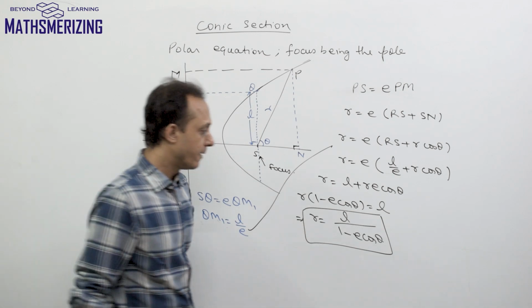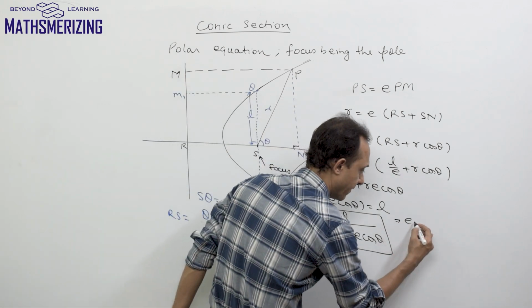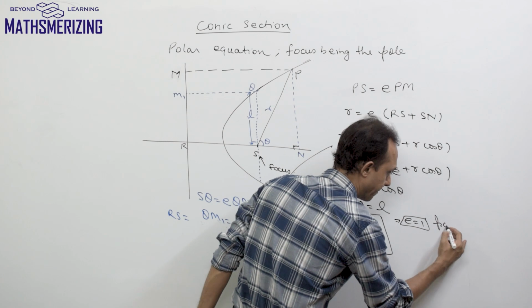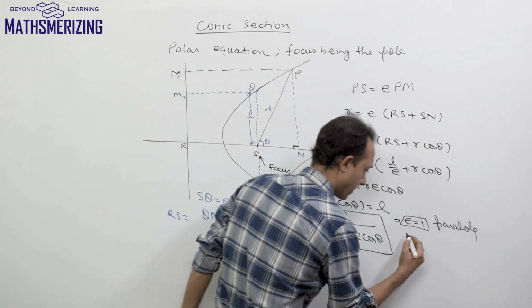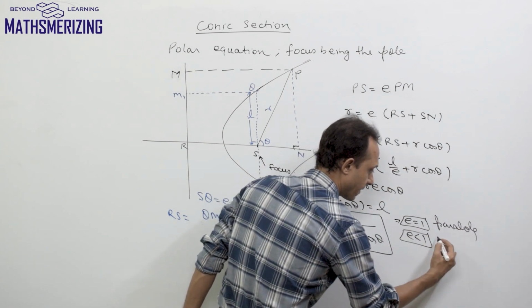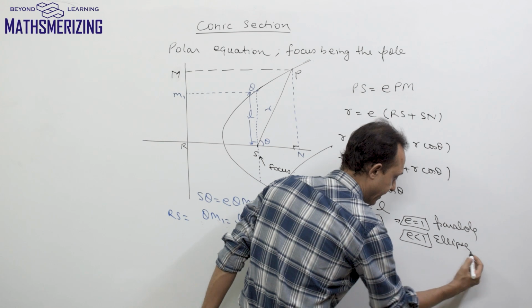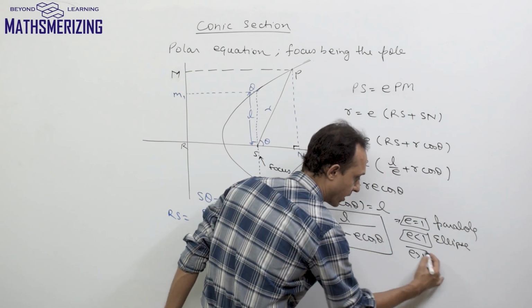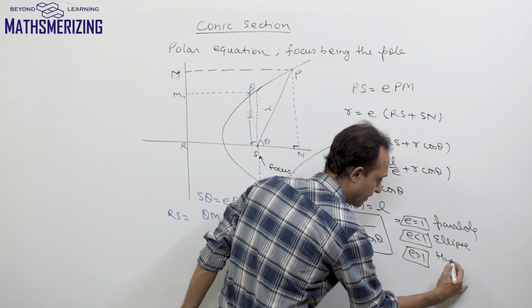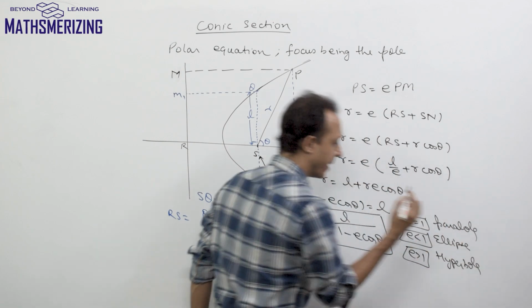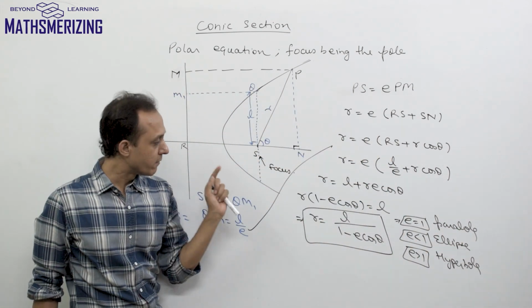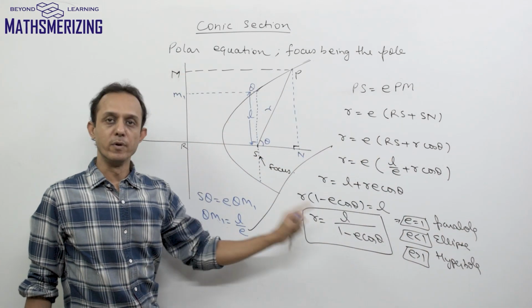So in this case again, when E is 1, it will represent a parabola. If E is less than 1, it will represent an ellipse, and if E is greater than 1, it will represent a hyperbola. So this is how we are going to write polar equation of conic sections.